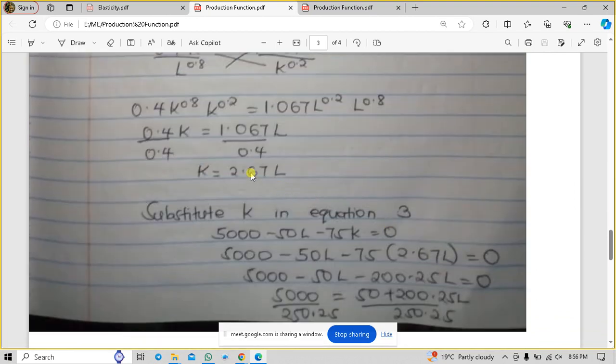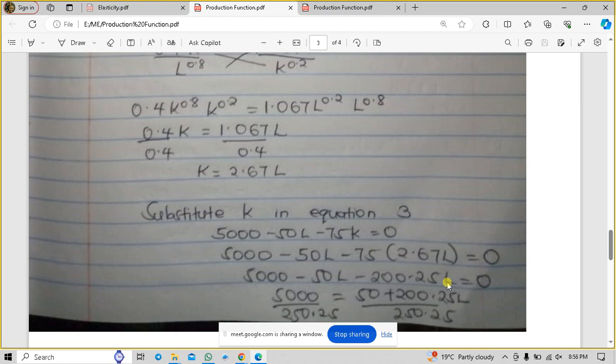So our k is 2.67 L. So we'll have 5,000 minus 50L minus 75 into bracket 2.67 L equals to 0. So here we can say minus 50L minus 200.25 L.